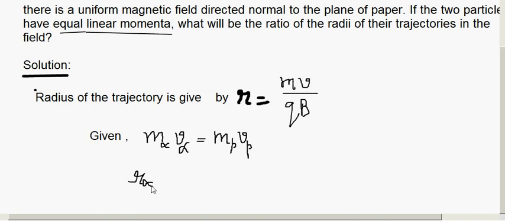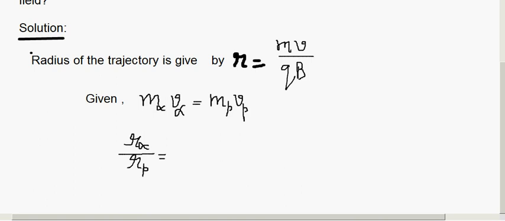So r alpha divided by rp will be equal to m alpha v alpha divided by q alpha B, whole divided by mp vp divided by qp B. B is the same for both because they are entering the same magnetic field.